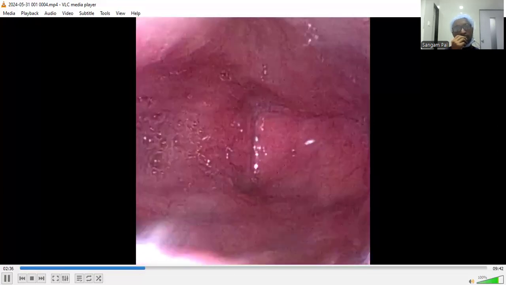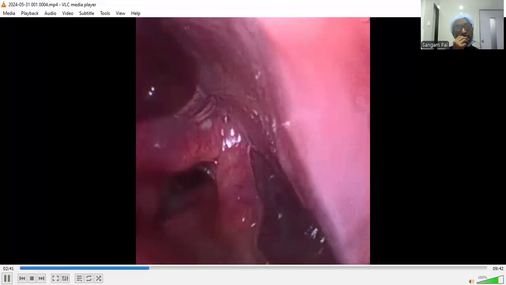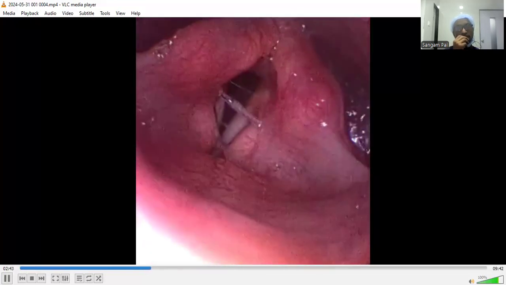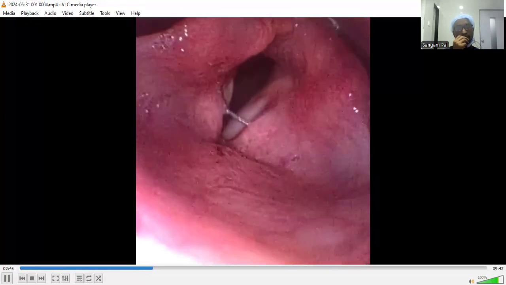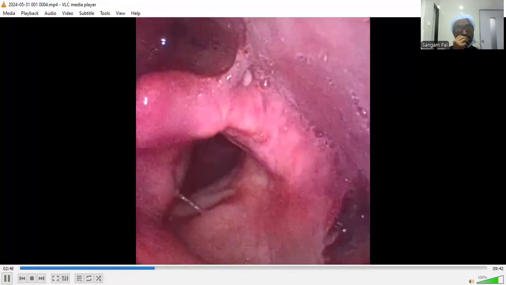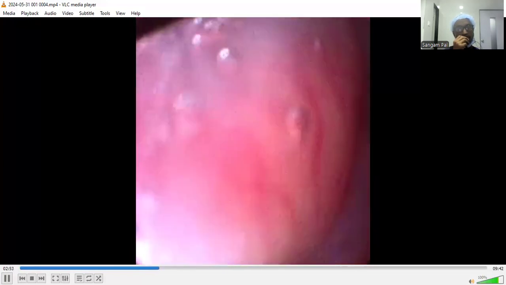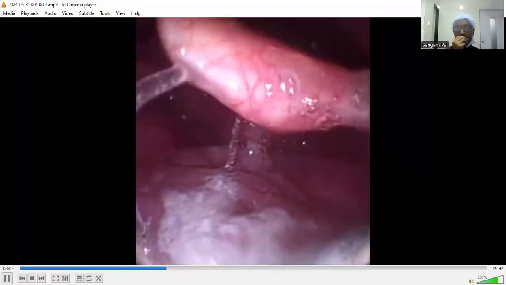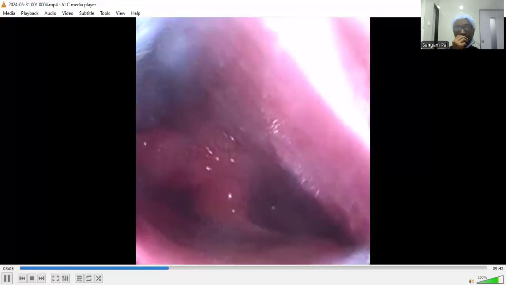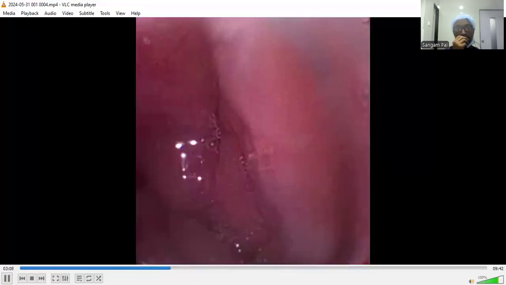So there was reflex vocal cord adduction, or we can insufflate a puff of air, a calibrated puff of air. Again, we'll try to touch the arytenoid and see what happens. So there is reflex vocal cord adduction. So two things we did: we saw the structural anatomy and sensory testing had been done.